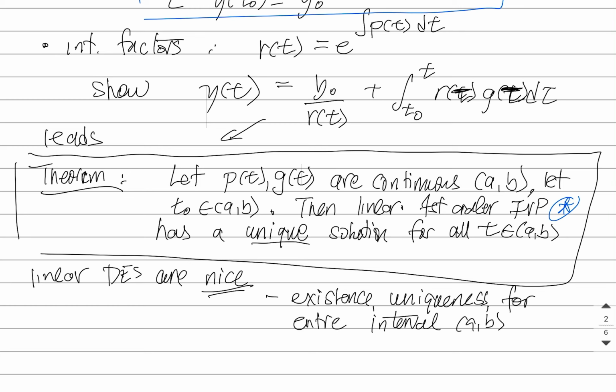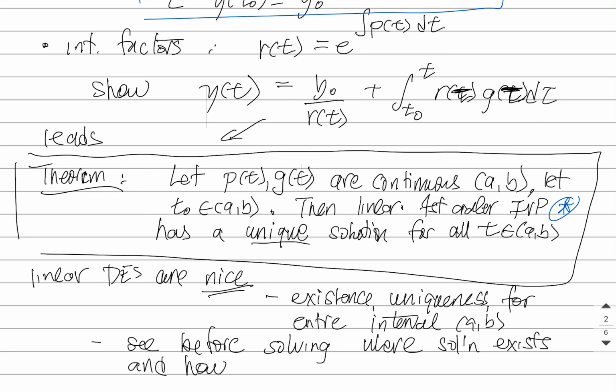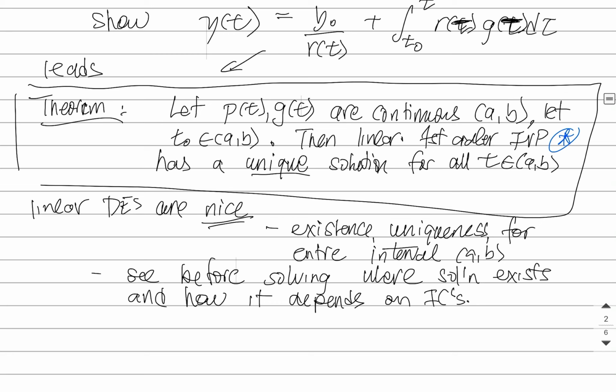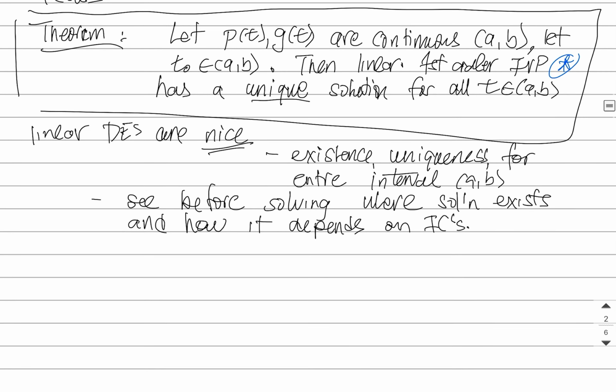And what's even nicer, we can see before solving where the solution exists and how it depends on the initial conditions. That's really nice. So you know everything about linear DEs. They're great. Well, now it's time for us to contrast this with a non-linear DE.